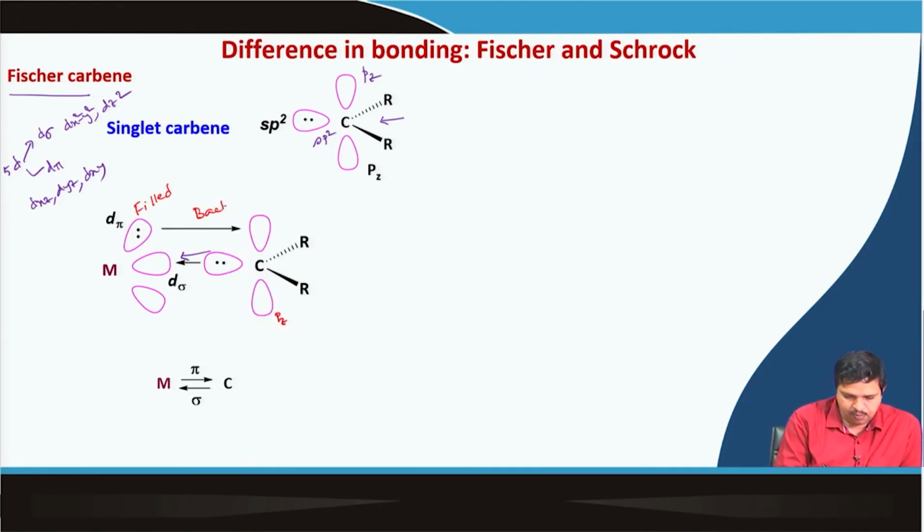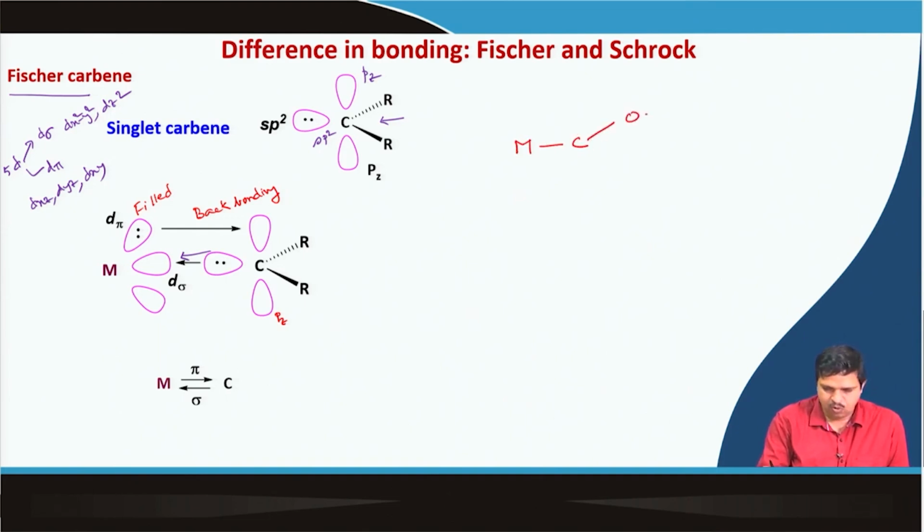As we discussed in the last slides, generally in the Fischer carbene complexes you have this kind of moiety, M=C, with an OR and another R group.